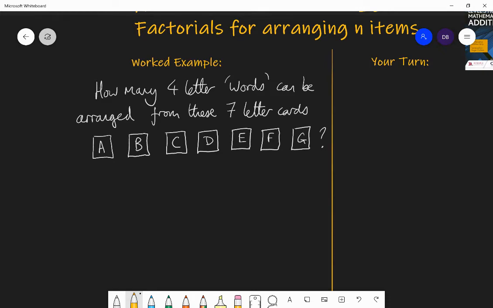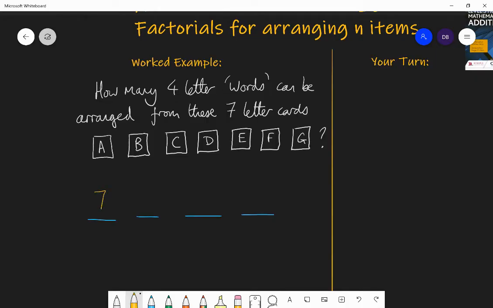Now, I could try and write down all the different possible options. Okay, so A, B, C with D, A, B, C with E, A, B, C with F, and it would take me quite a while. A better way is to think logically. I have 4 different spaces in which to put my cards. Again, think, how many different options do I have for that first letter?